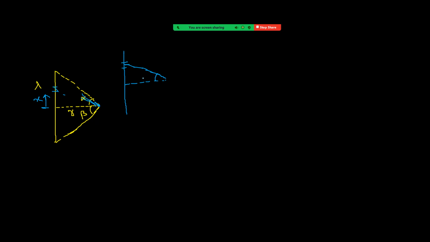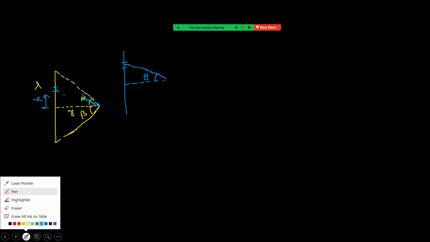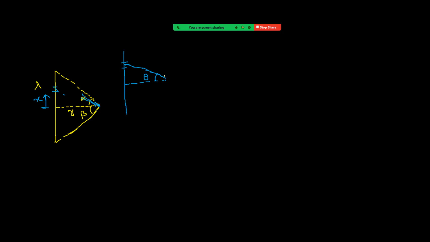Suppose this makes angle theta with that line. Okay. This is now x. Then see, the force will be along the line joining them. That is now the gravitational force.